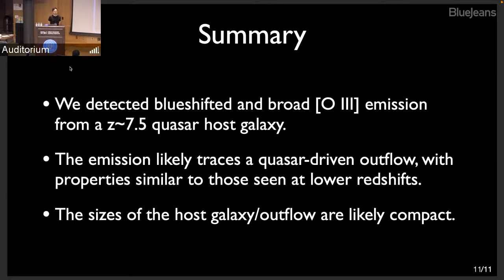It's difficult to distinguish H beta from the host galaxy or from the quasar itself. But [OIII] is a forbidden line, so it's much easier to get. It cannot come from the broad line region, so it's much easier to see in our data. But we are still working on that to see if there's an H beta detection, or we can put a nice upper limit on it.